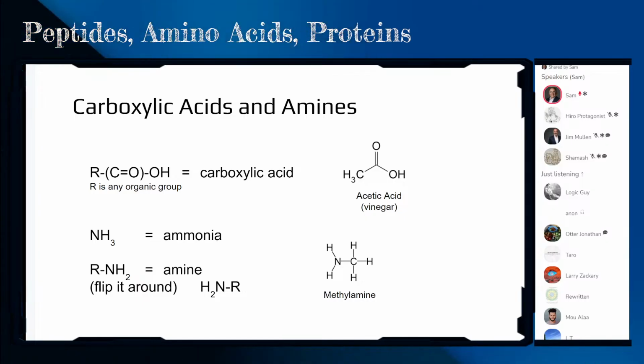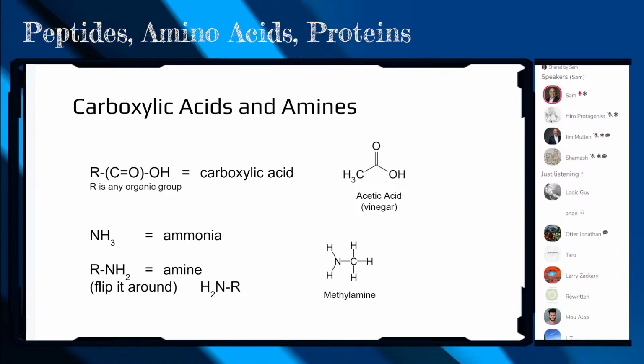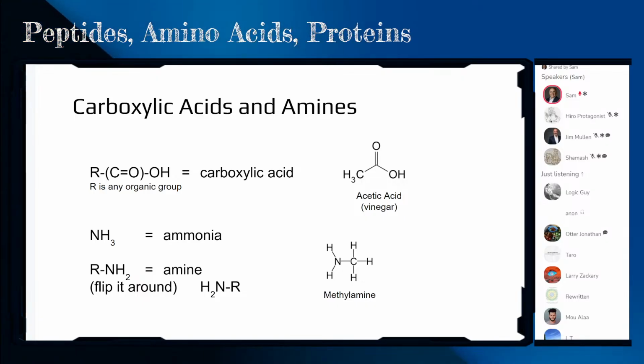A second class of compounds we're going to talk about are amines. Amines come from ammonia. Ammonia is NH3. If you take one of those H's off and put an R there, so you have RNH2, that's an amine.